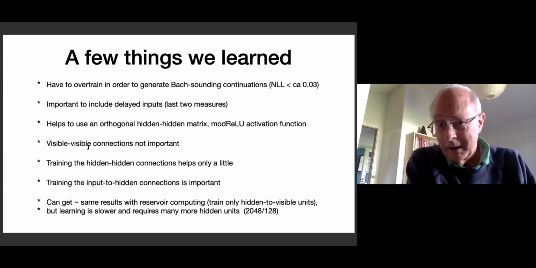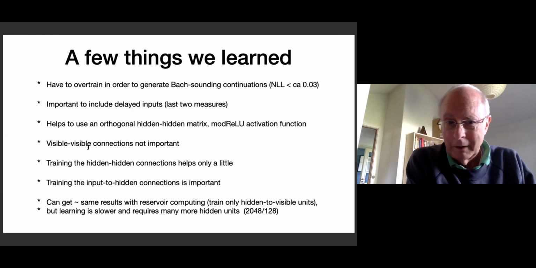We had the J's in the problem, the visible connections. It turns out, at least when we got done training, we could remove those and it didn't make any difference.